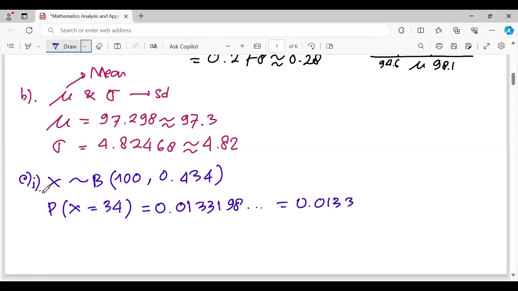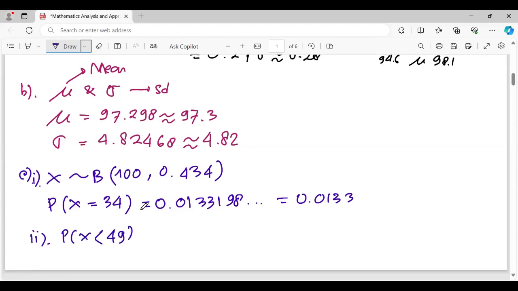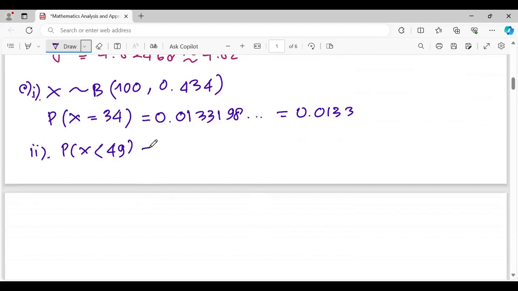This one. And part 2, the probability X less than 49. Through the calculator, I got this number, 0.848218, and so on.